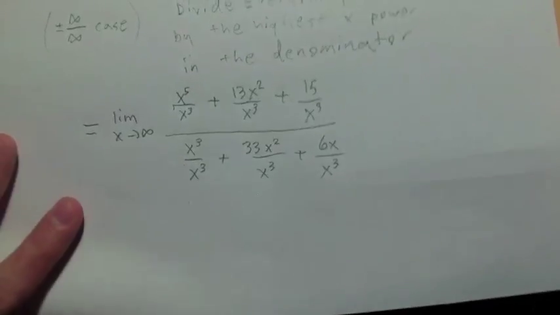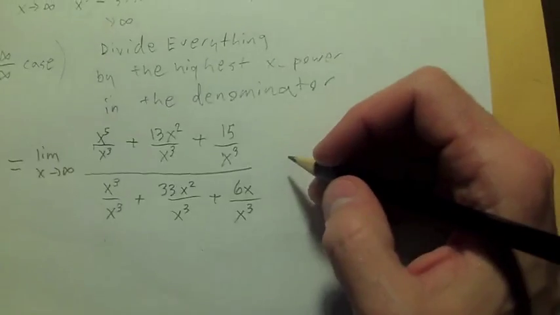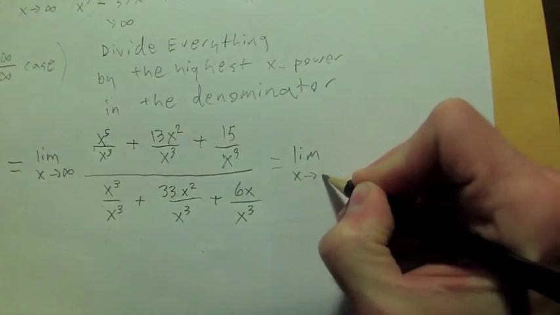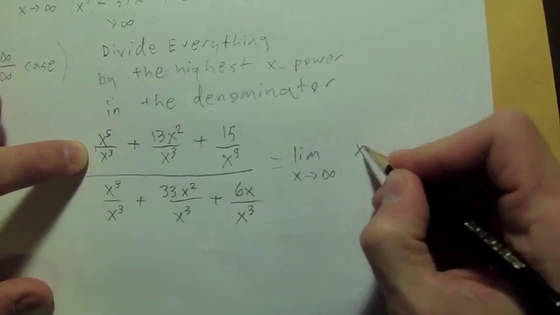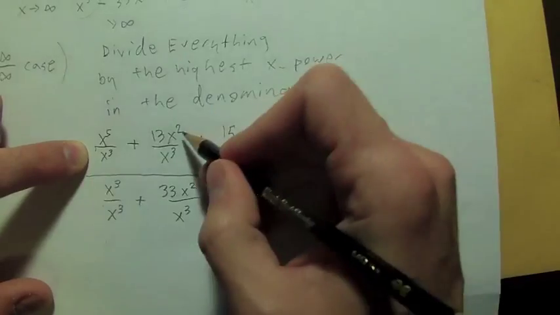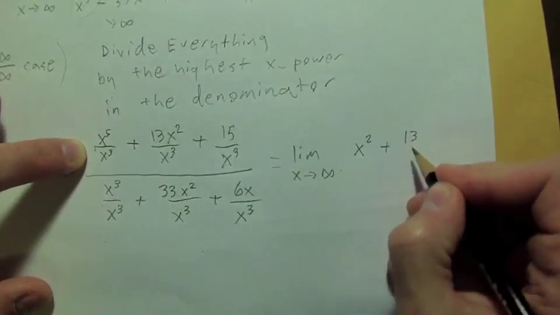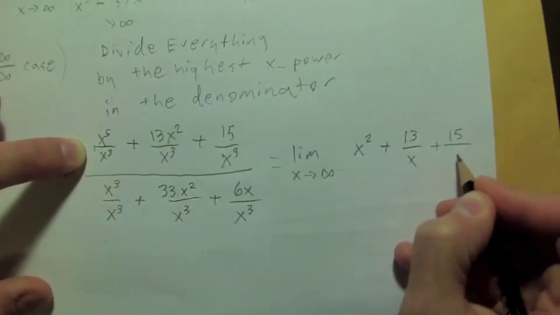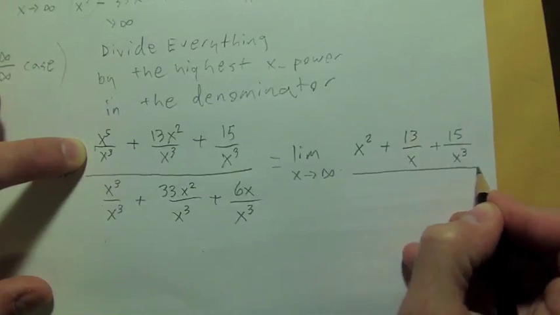Let's simplify. Okay, so simplifying, we will get that this is the limit as x goes to infinity of x to the 5th over x cubed will give us x squared. Then 13x squared over x cubed will give us 13 over x, and of course 15 over x cubed just stays 15 over x cubed.